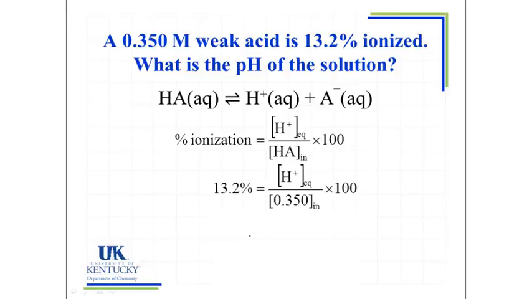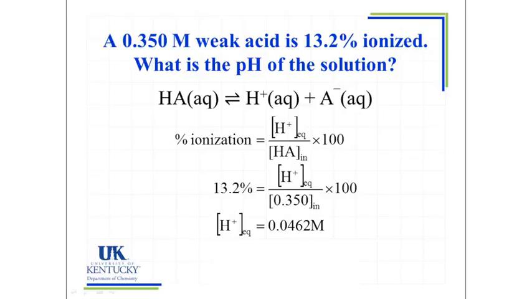I can plug in the values I know. 13.2% equals H plus at equilibrium over 0.350 initially times 100. Now I can rearrange and solve for my H plus concentration at equilibrium and find that it is 0.0462.